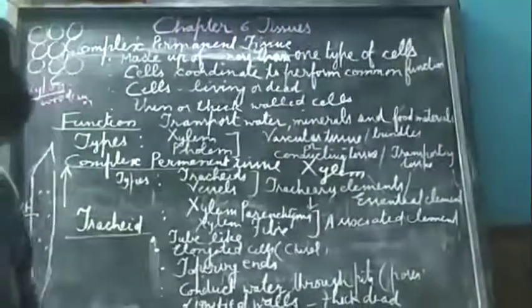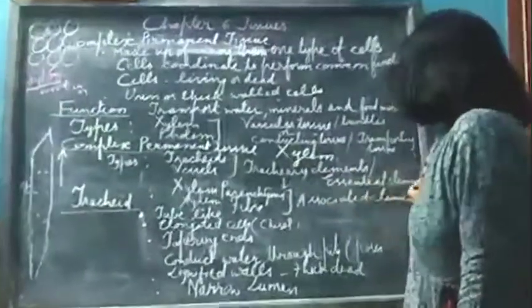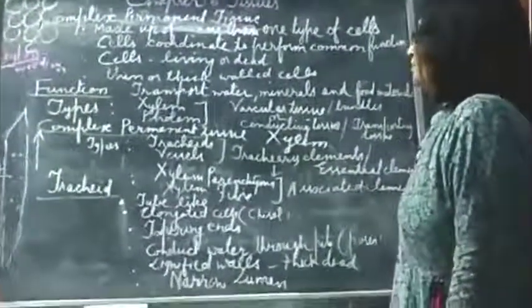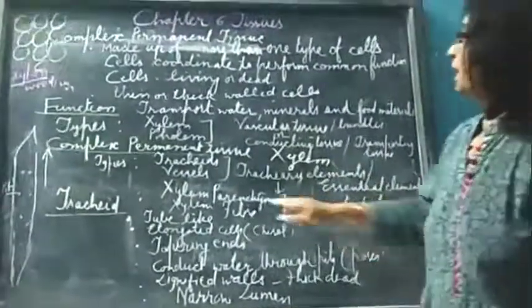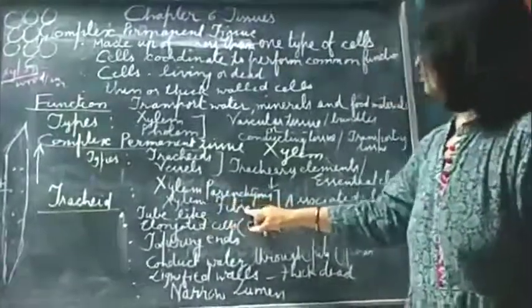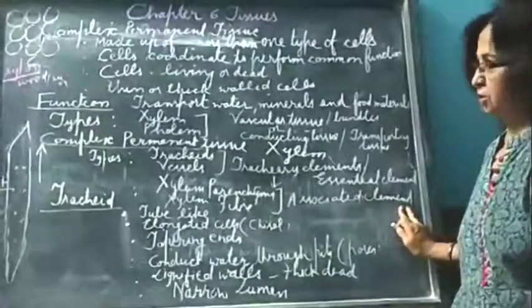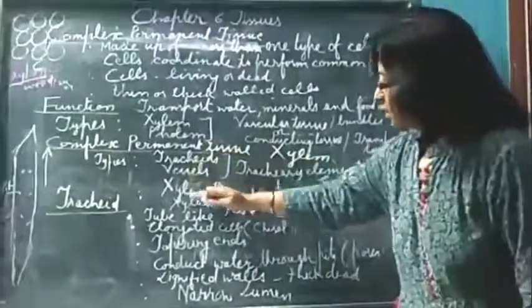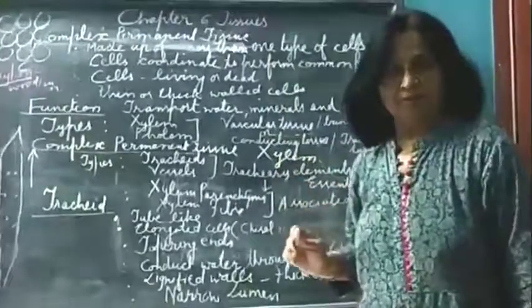They are also called tracheary elements, or we can say essential elements. They are the main water conducting cells. And the other two are xylem parenchyma and xylem fiber or sclerenchyma. They are called the associate elements. So these are the components or elements of the xylem.